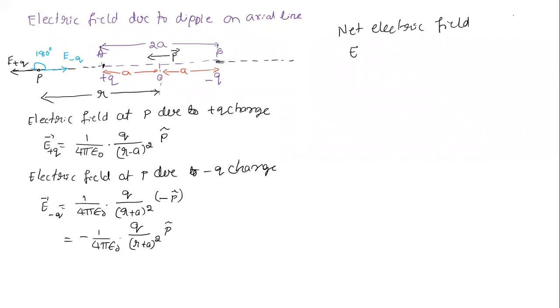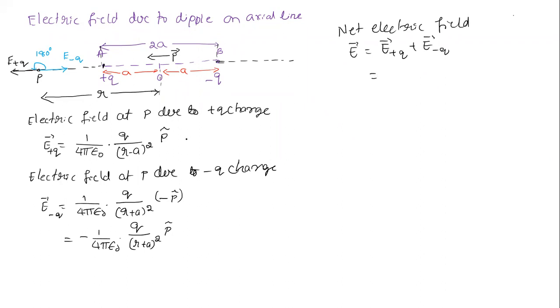That is, net electric field E is equal to E due to the plus Q charge plus E due to the minus Q charge. Since we have taken vector notation, we take it directly. If you have taken scalar notation, you should go for addition by vector methods. Now I'm going to add.